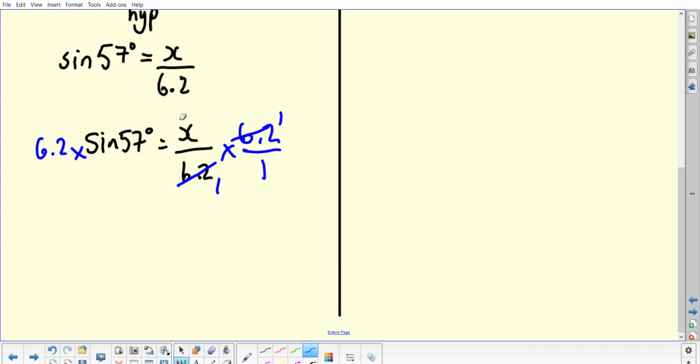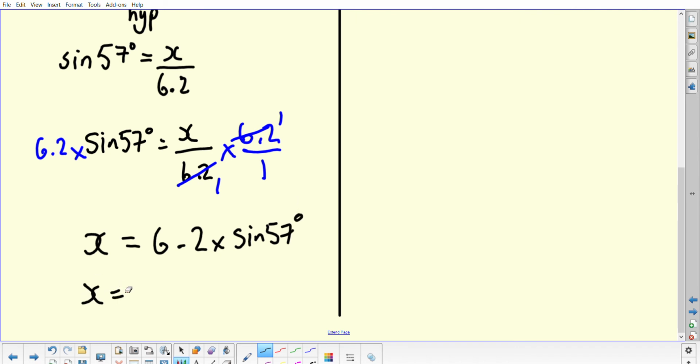I'm now just left with x here, so I'm going to write that x on its own. So x is equal to, switching it round, 6.2 times sine 57. You do that on the calculator, making sure your calculator's set on degrees.